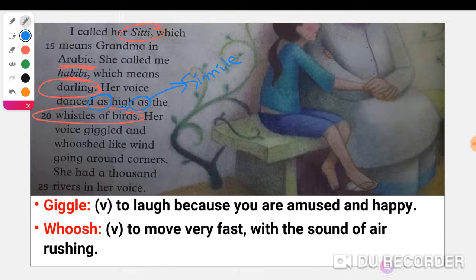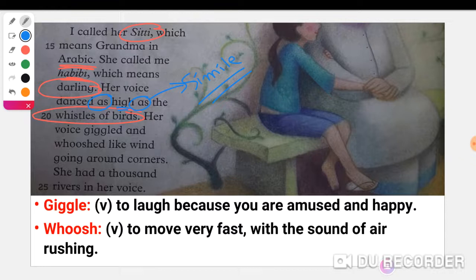So while writing, you can choose a character like your friend or someone from your family, your parents, your grandparents, and so on. And you can, of course, use a simile, as I have here. Her voice danced as high as the whistles of birds. We are comparing her grandmother's voice with the whistles of birds, okay?